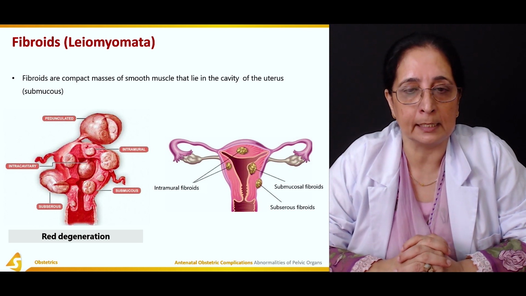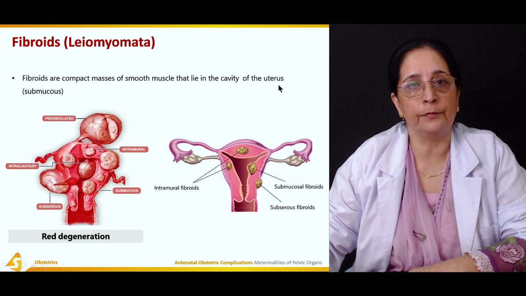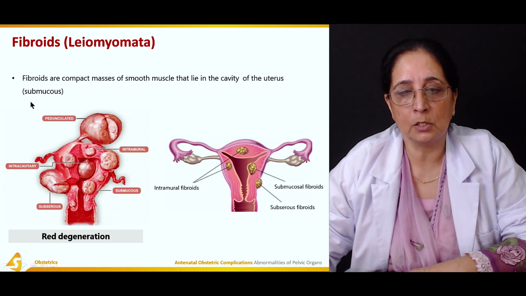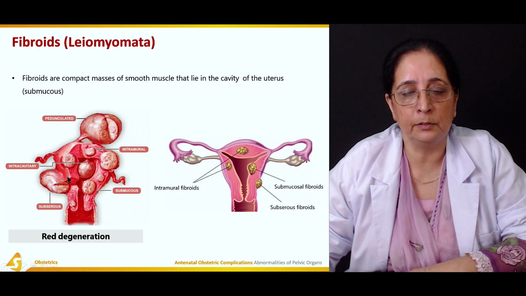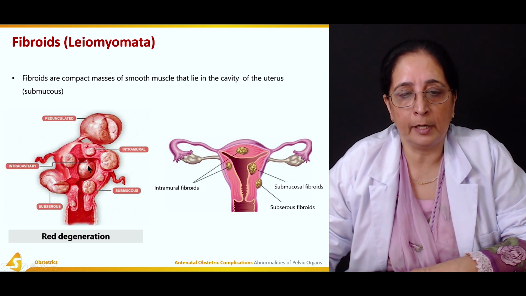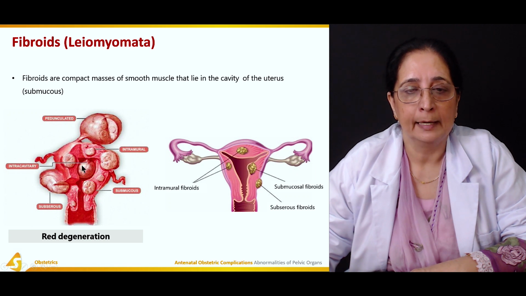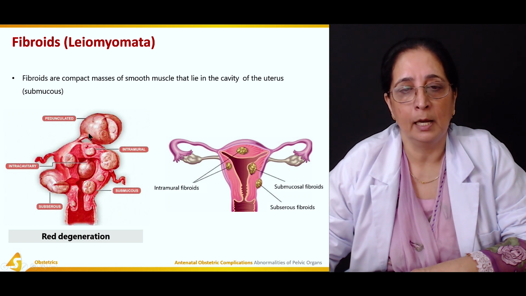during pregnancy. So fibroids that are present in the cavity of the uterus are known as submucous or intracavitary fibroids. You can see this fibroid is in the cavity of the uterus, intracavitary. Then this is a pedunculated fibroid.